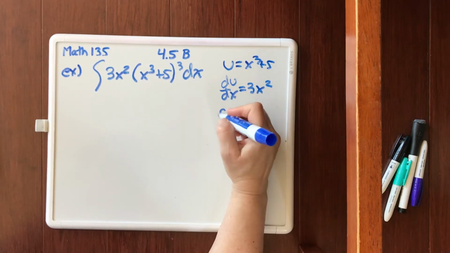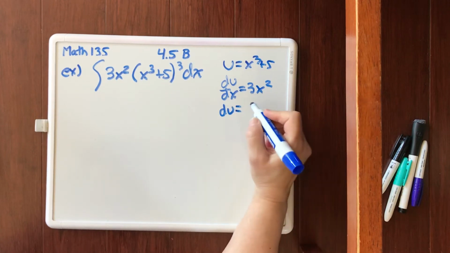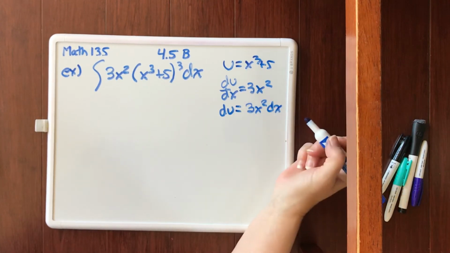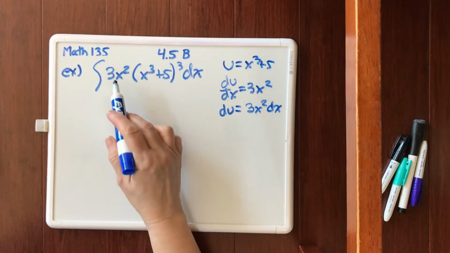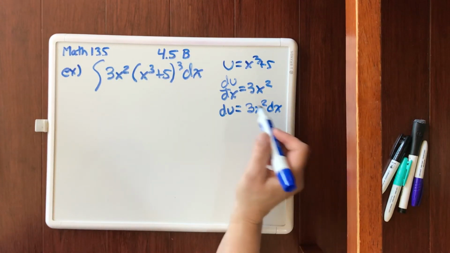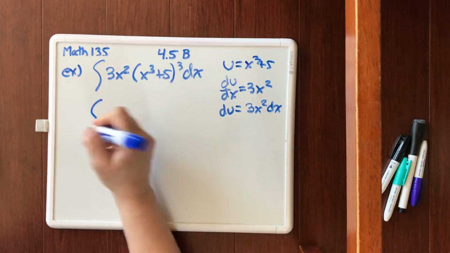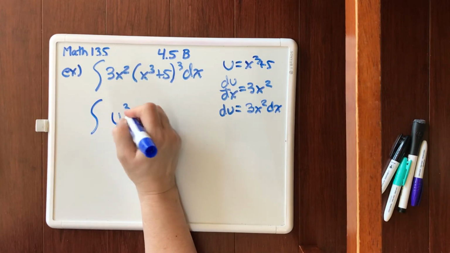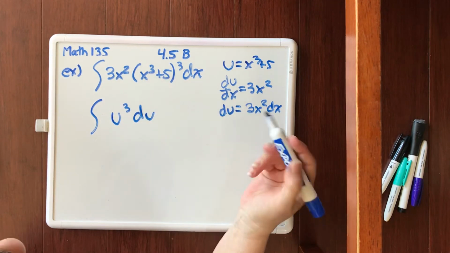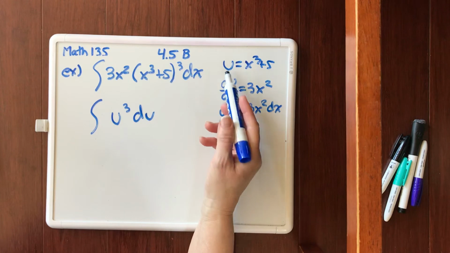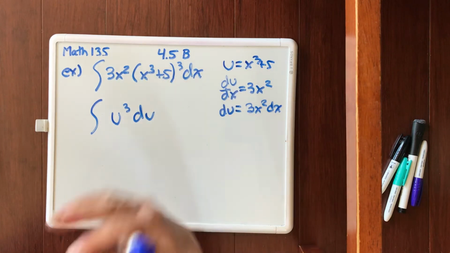Multiplying both sides by dx, we have du is 3x squared dx. Oh, that fits nicely. Here's our 3x squared, here's our dx, and we're just going to put our u in there. So our integral is going to be u cubed du. Du covers the 3x squared and dx, and the u covers the x cubed plus 5.